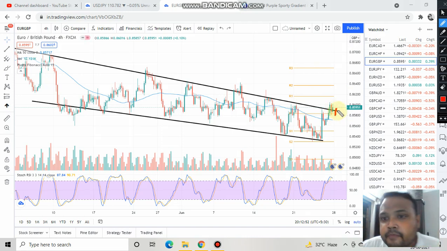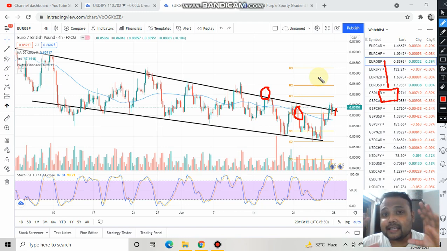Let me repeat again. Let the market open on Monday and just observe the price. If you see price is struggling near the resistance, if you get the confirmation that price is unable to go up, if you see price rejection from above like this in the form of a shooting star or candlestick like this or a red candle like this, if you get the confirmation that yes, this trend line, this resistance is still a valid one, then you can short the market at the resistance, because this setup is right now at the perfect position to short the market.